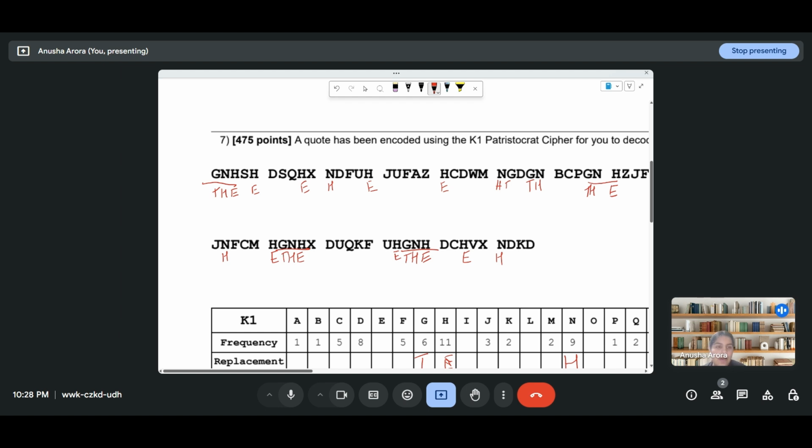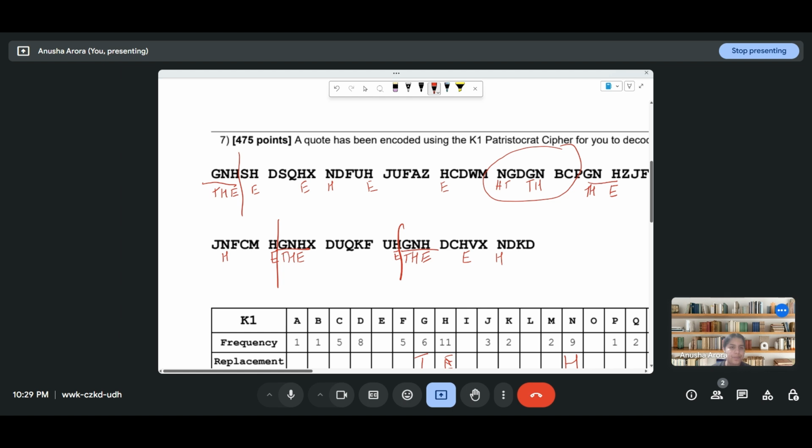Okay, so now we see some obvious word breaks. We see that one word break is probably going to be over here, and another one's probably there. I think this is obviously a word break. I think that this is probably going to be some sort of 2 words.